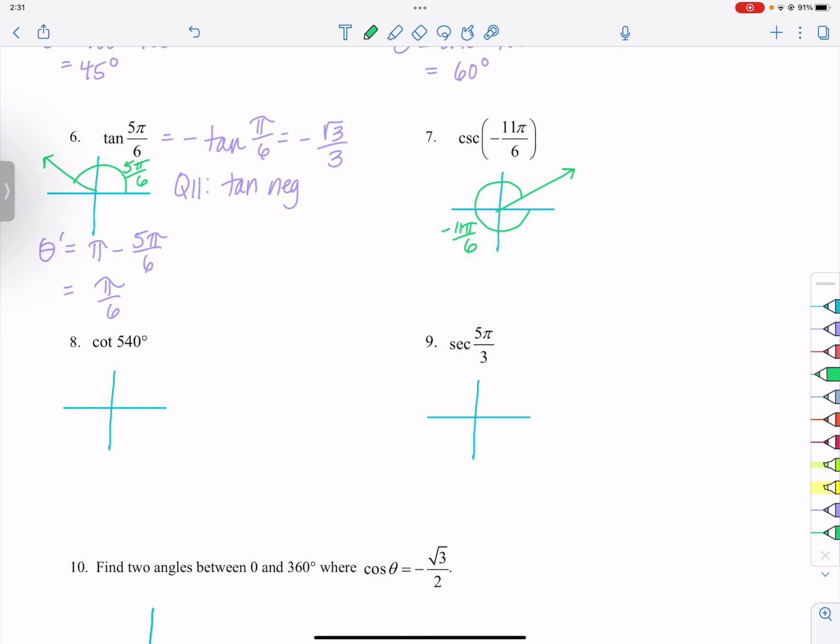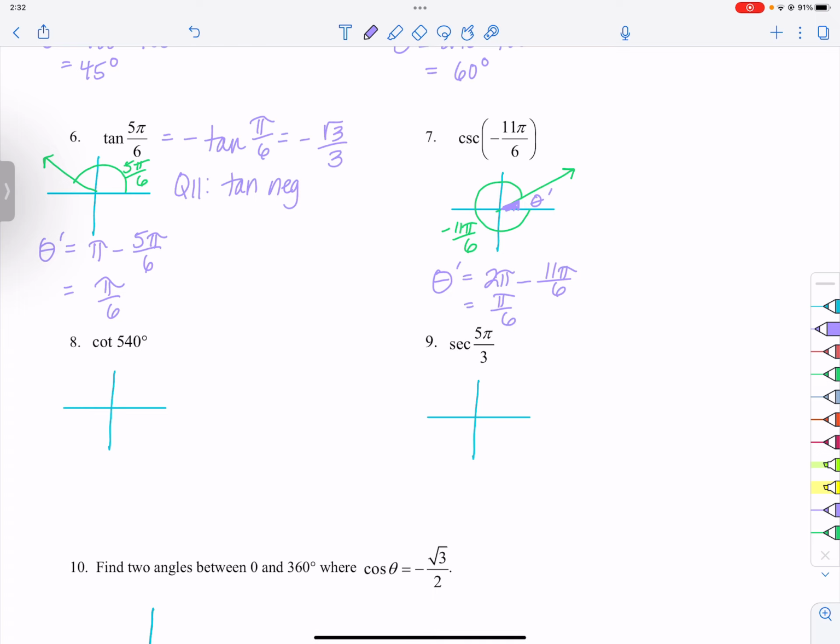So that reference angle right here is going to be equal to all of 2 pi minus 11 pi over 6. And yes, that's pi over 6.